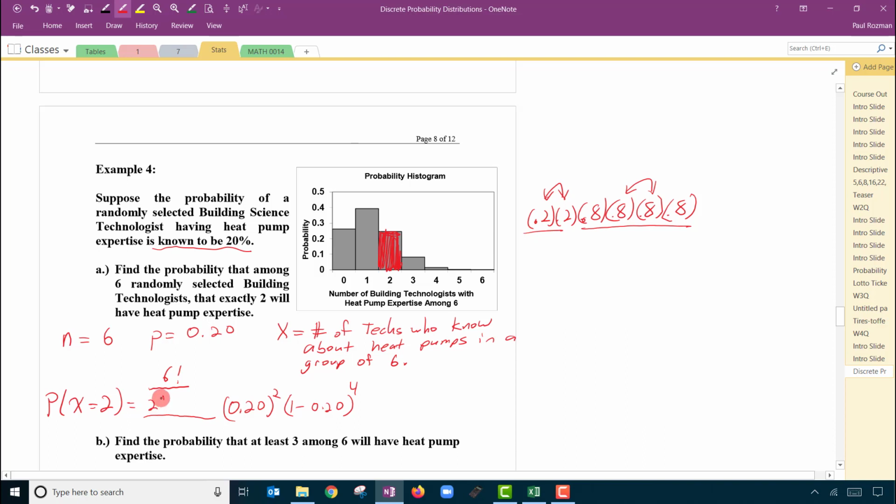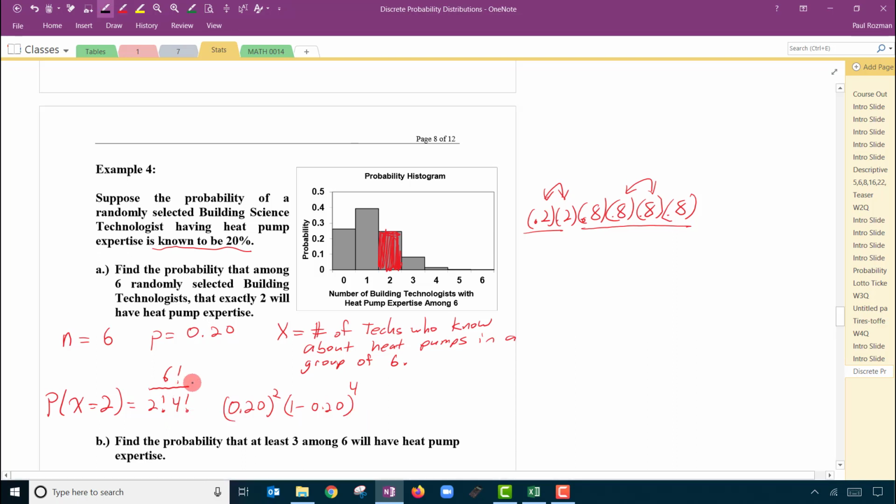I have 2 people that know it, and then I have 4 people that don't know about heat pumps. And now we've calculated our probability here. We just need to do this calculation.